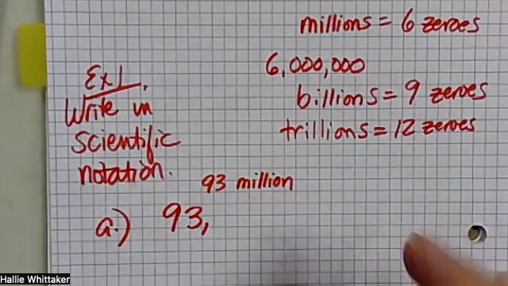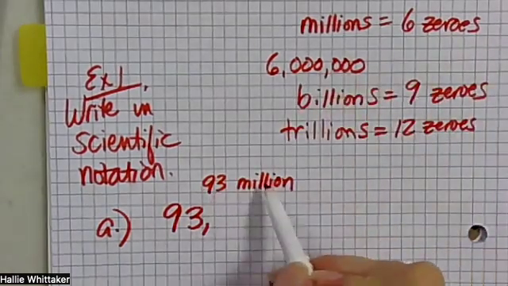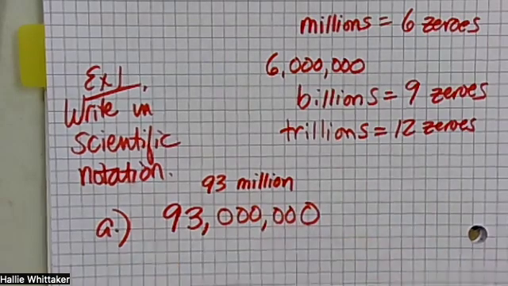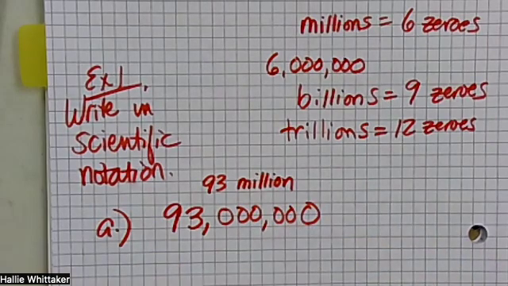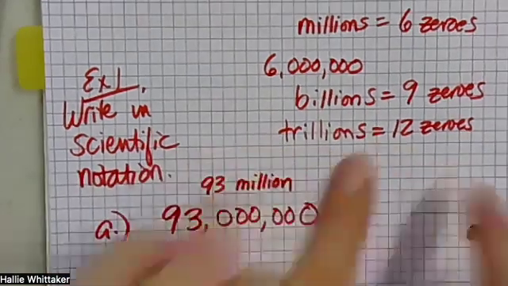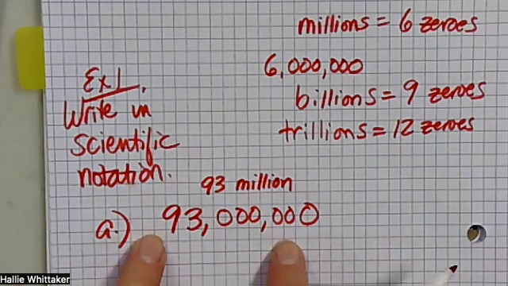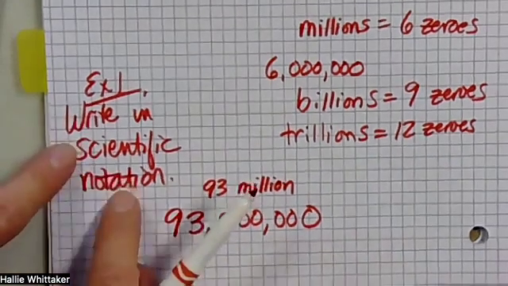So this is where it's helpful to kind of know your zeros. For 93 million, that's 93 plus 6 zeros. Remember doing that? Okay. If not, that's why I'm giving you this information to make it a little bit easier. But okay, that's lovely. We rewrote it with zeros, but they still want it in scientific notation.